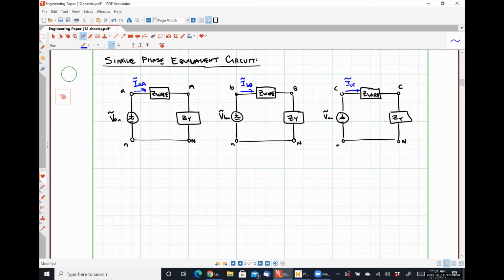The question then becomes, how can we make non-YY circuits look like a YY circuit, right? So how do we make a delta connected load look like a Y connected load so that we can use our single phase equivalent circuit?